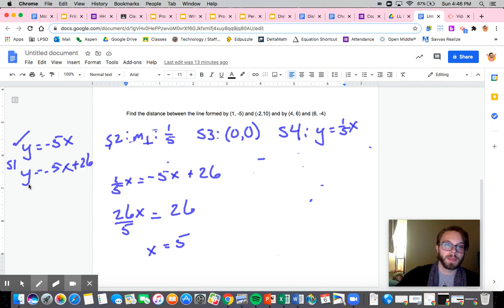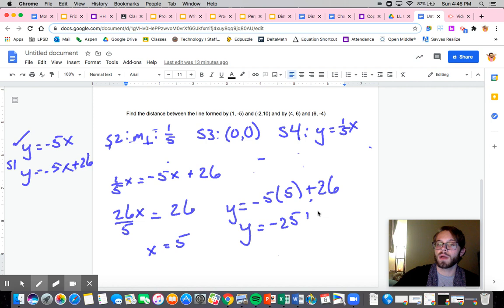All right, so I'm going to plug that in. I get y equals negative 5 times 5 plus 26. So y will equal negative 25 plus 26, I was getting a little ahead of myself, which makes it equal to 1.